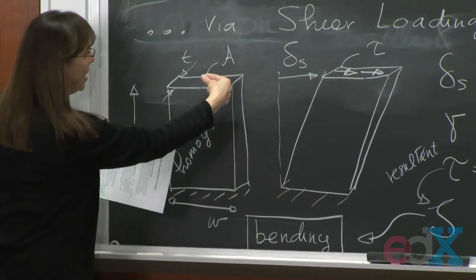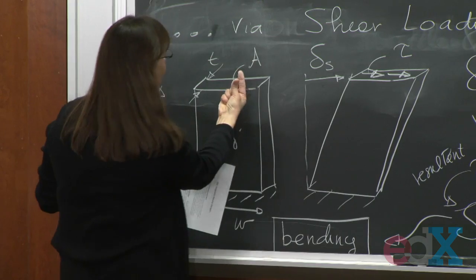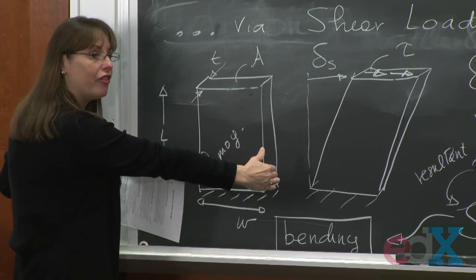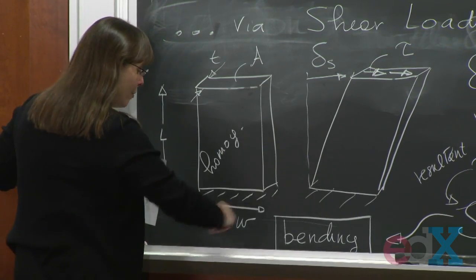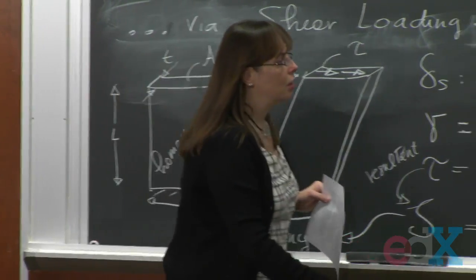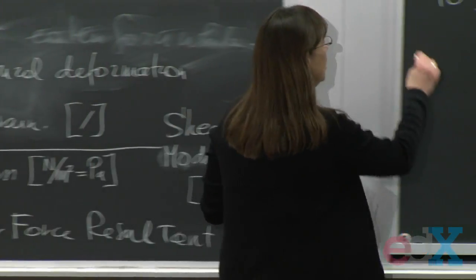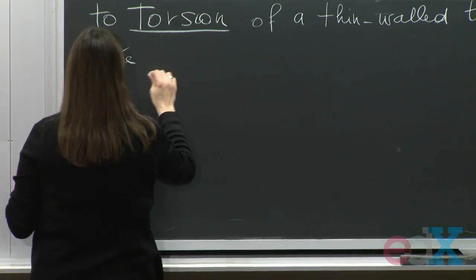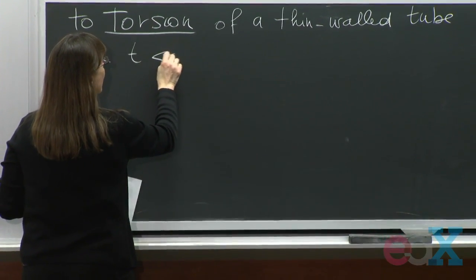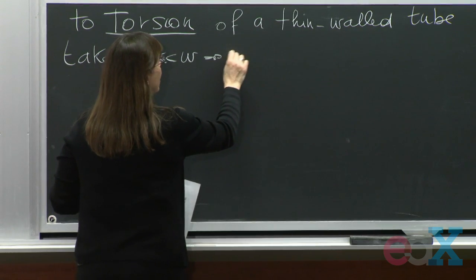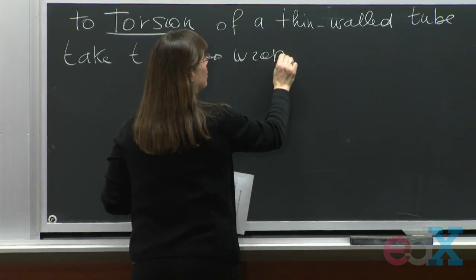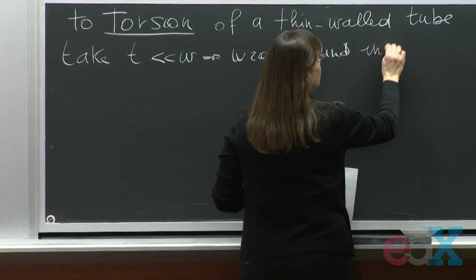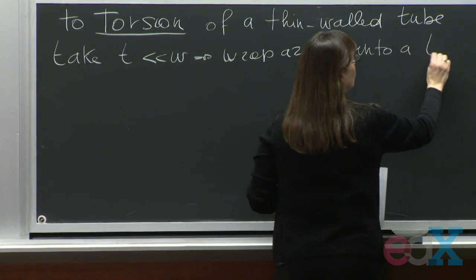Now imagine that I take this bar and I make it very, very thin. So T is very small. And I make W big enough, very large. I make W much bigger than T. So take something like that and take T much less than W. And then you wrap around into a tube.